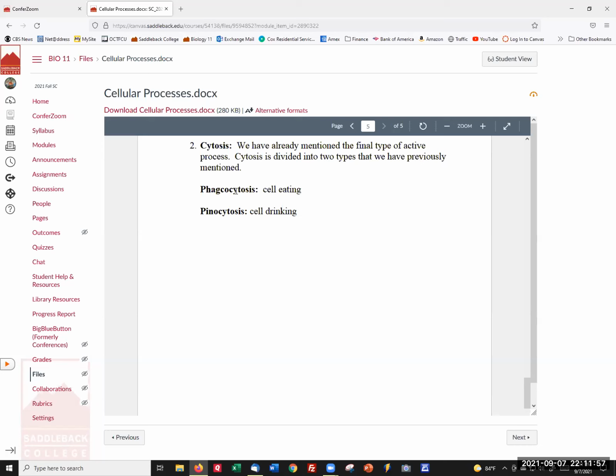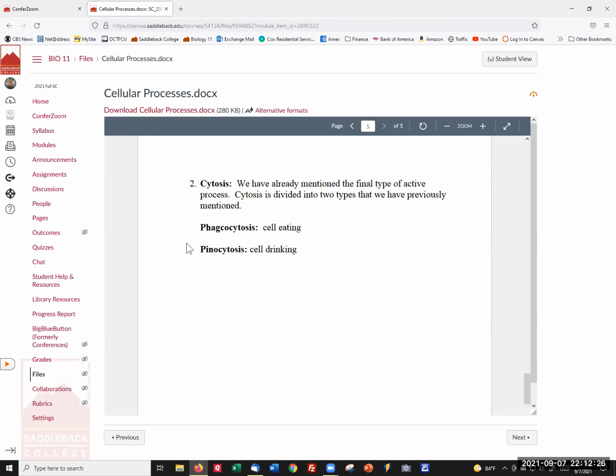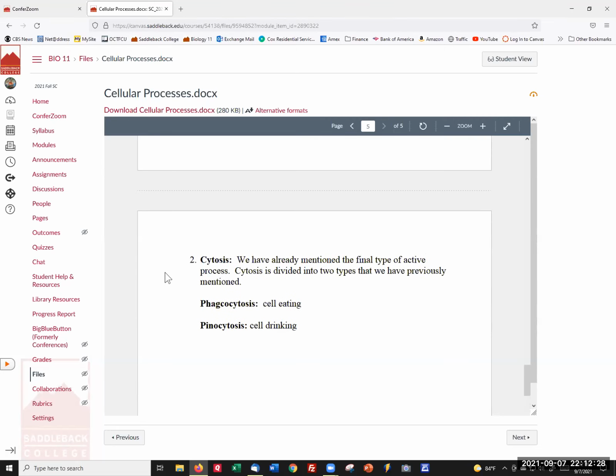Remember the golf ball with all the dimples pulling things in. If it pulls in a solid piece of material, it's phagocytosis. That takes energy. If it misses that but still gets valuable liquid material, it's called pinocytosis and forms a pinocytic vesicle. Both of these are active processes.